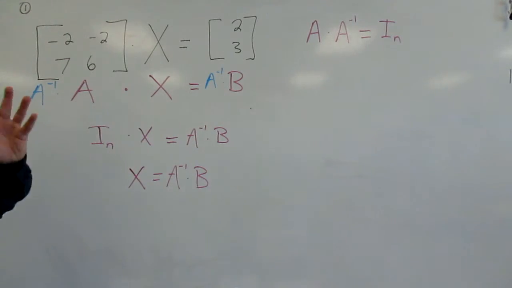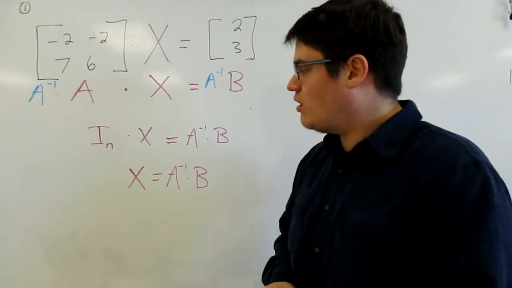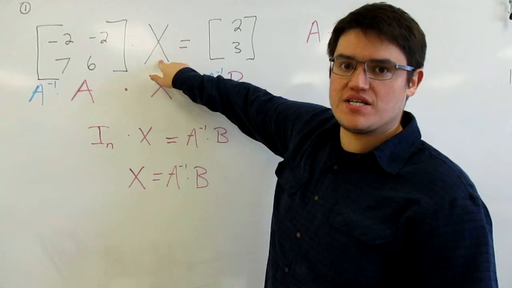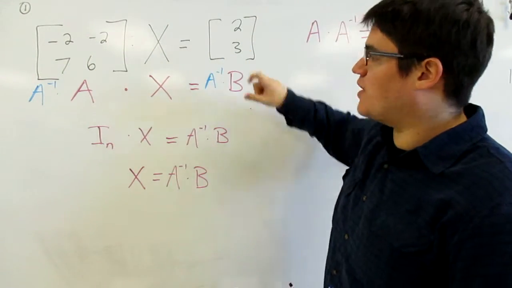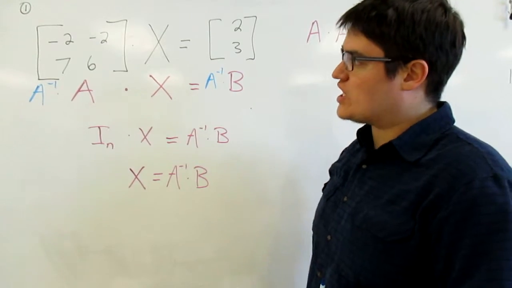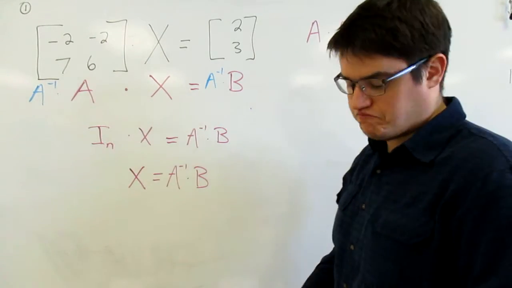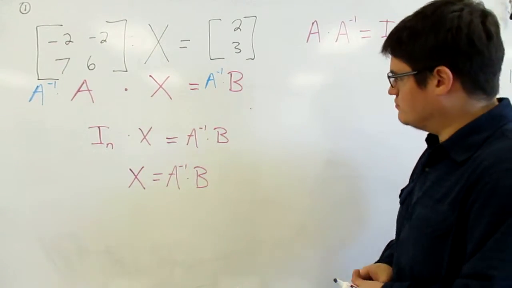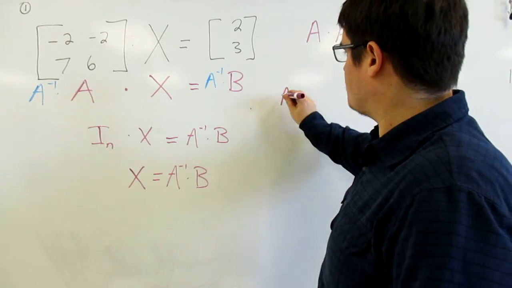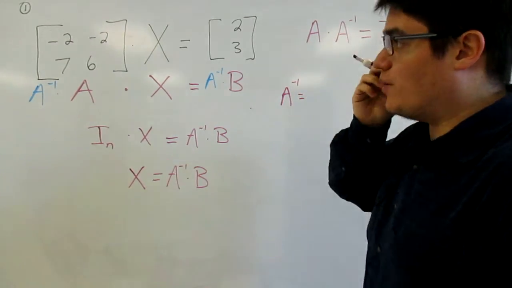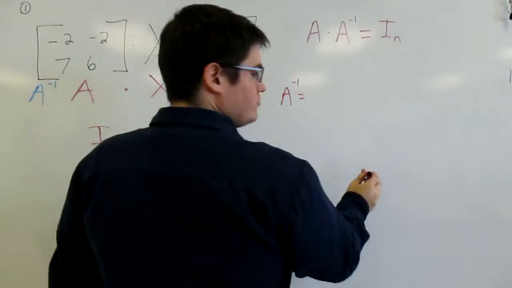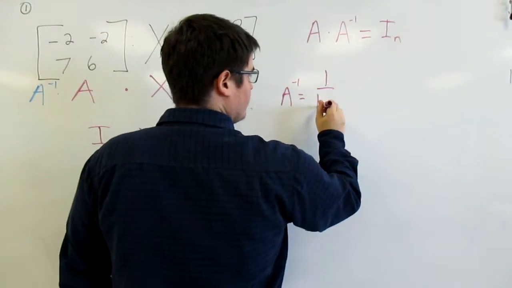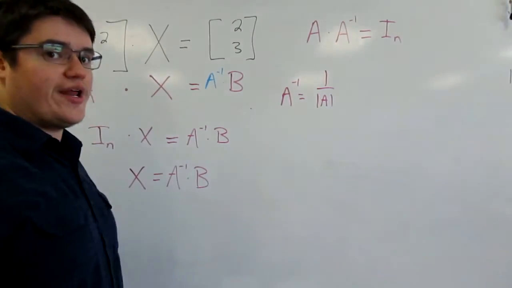So what does that mean? Well, I can figure out what X is if I take the inverse of this and multiply it by that. So now I just need to find the inverse of that matrix. Okay. So A inverse, if we remember from the inverses chapter, is going to be 1 over our determinant.